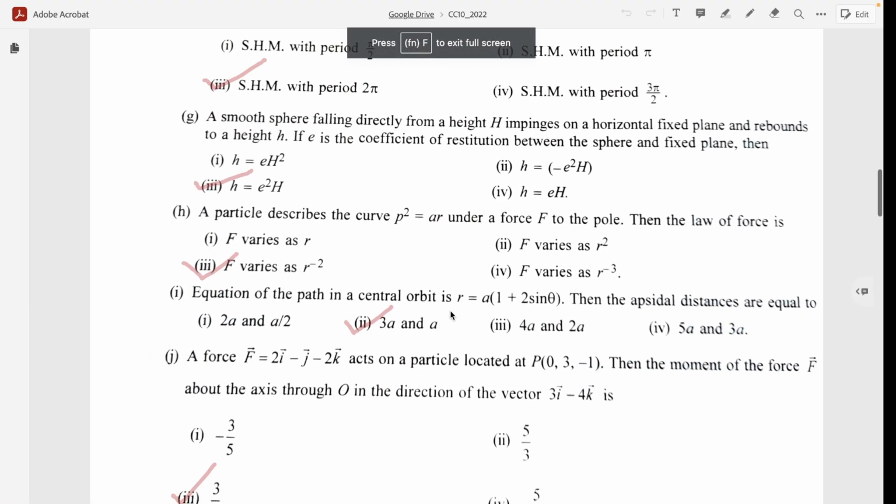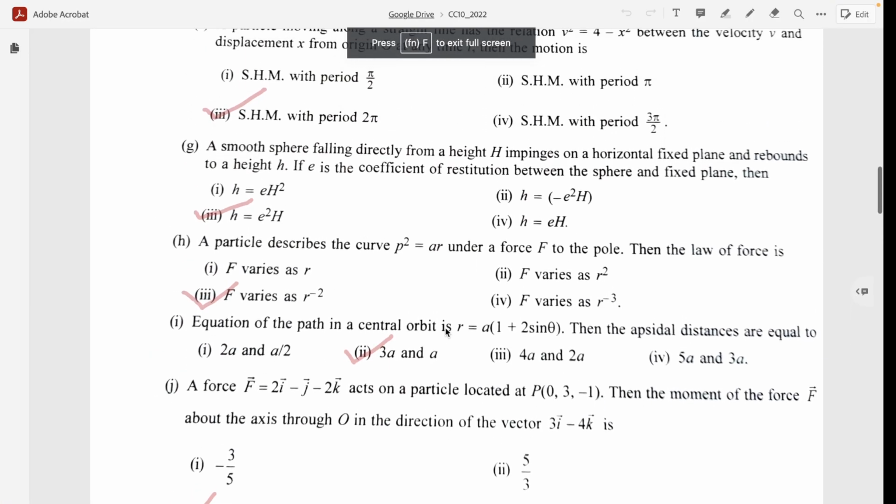Next question G. A smooth sphere falling directly from a height capital H impinges on a horizontal fixed plane and rebounds to a height small h.